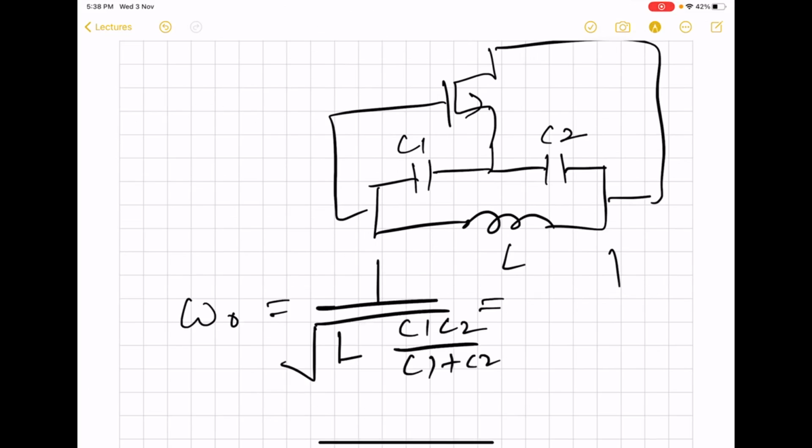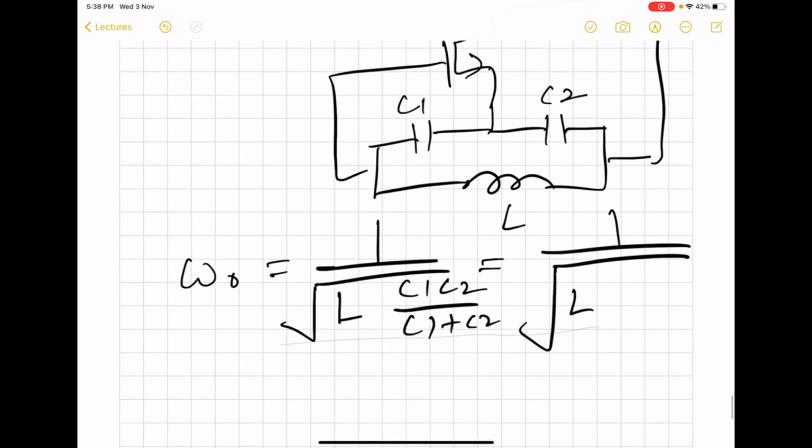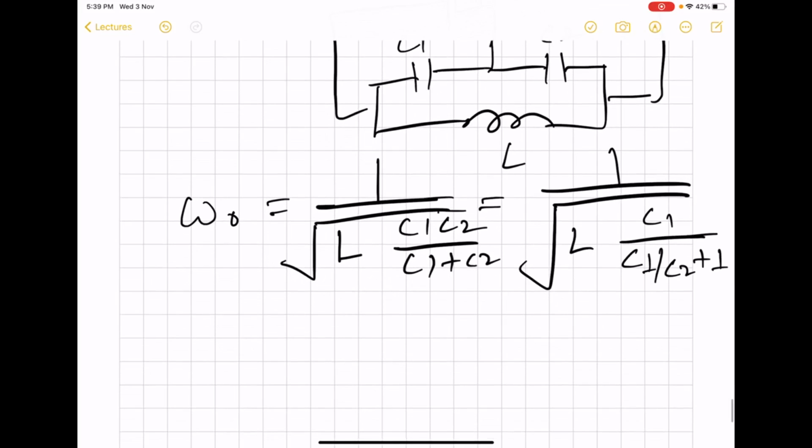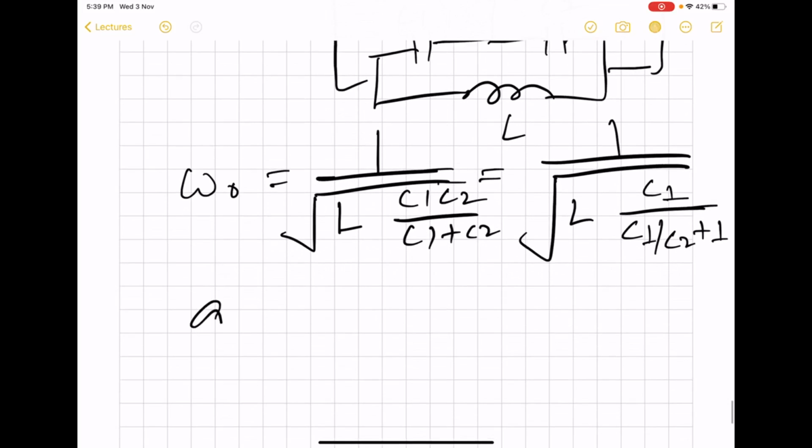So this can be written as the ratio of C1 C2, and the intrinsic gain was equal to C1 by C2.